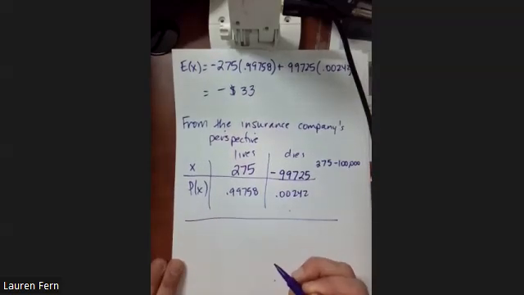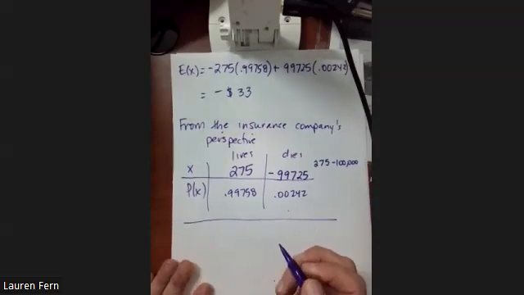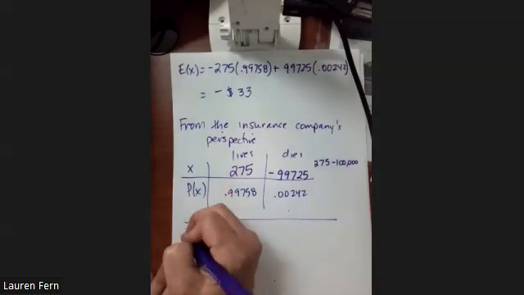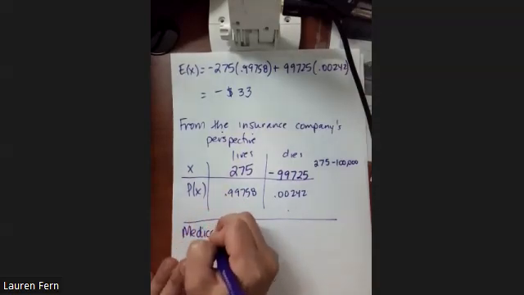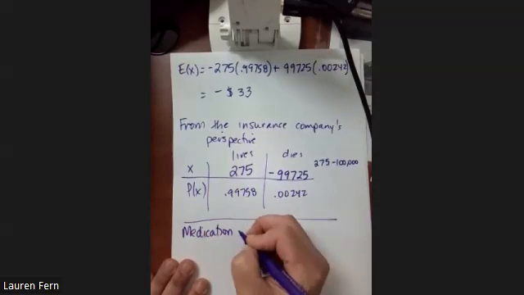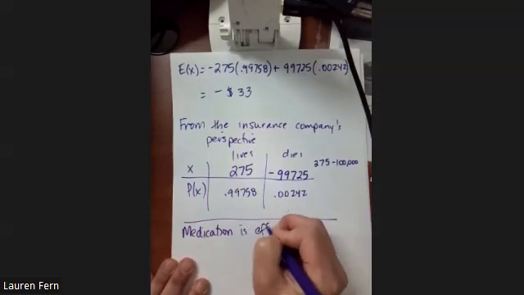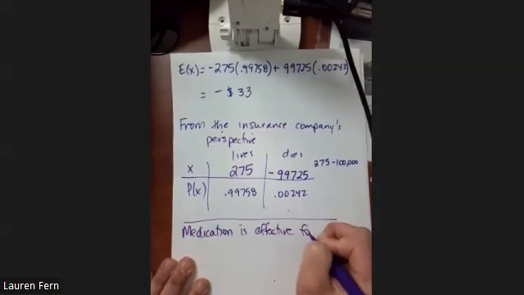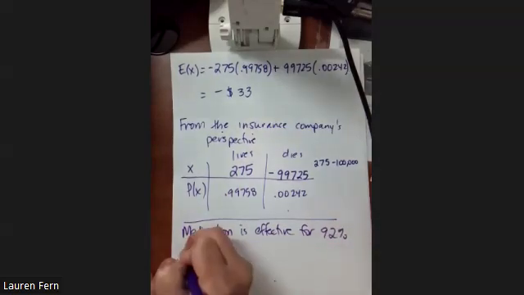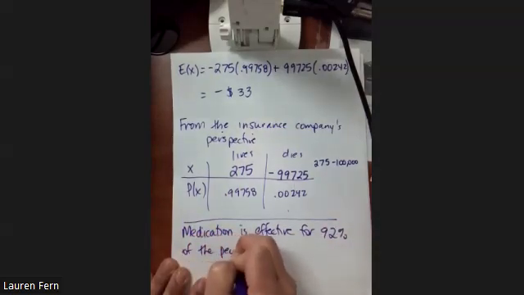Okay, I want to do another expected value problem. This is exciting. Okay, so suppose I give you this silly scenario. Some medication is effective for 92% of the people taking it.